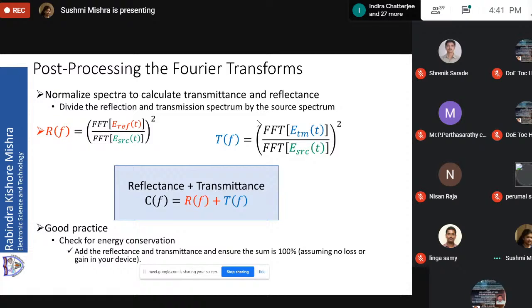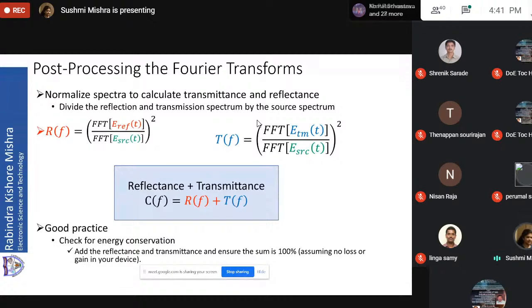Unless you are specifically using a lossy material, in which case you check that reflection plus transmission plus the material loss should be 100%. That is a very good practice for these things.